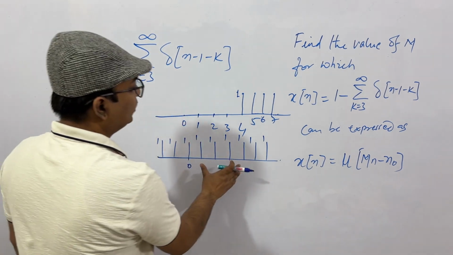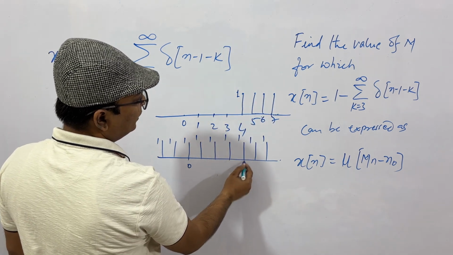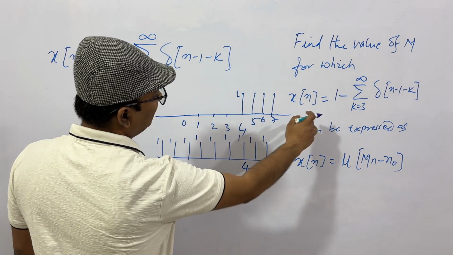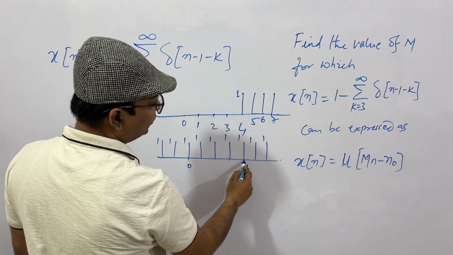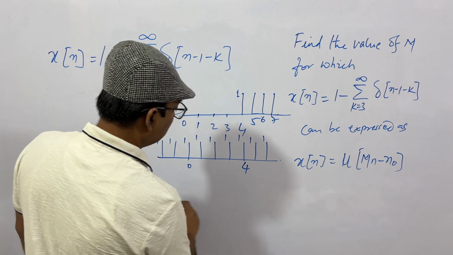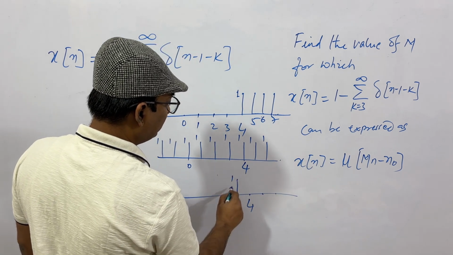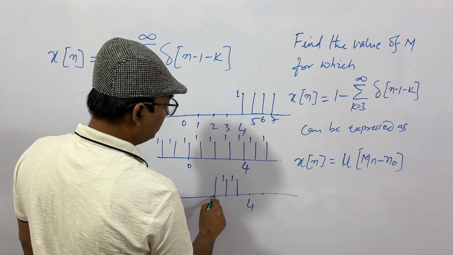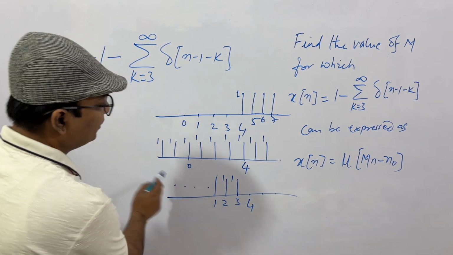So when you subtract it, what will happen? If this is 4, hereafter you will have 0. The value will be 0. That is, from 4 onwards the result will be 0 only, and up to 3 you will have 1. This is 3, 2, 1. And this side up to here you have 1.